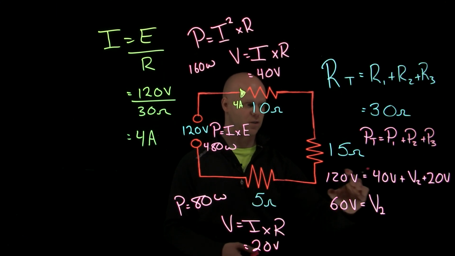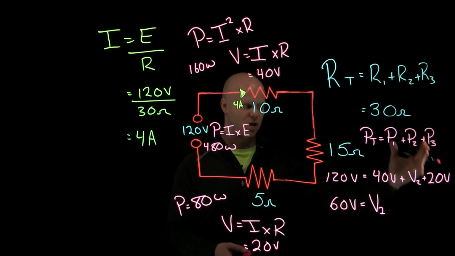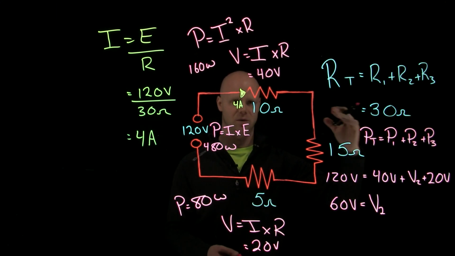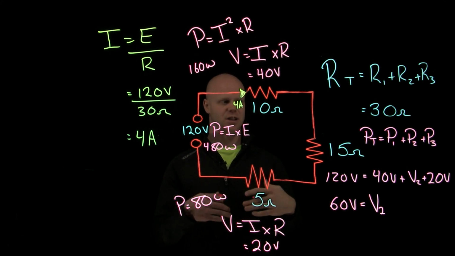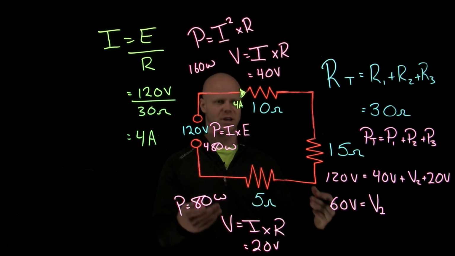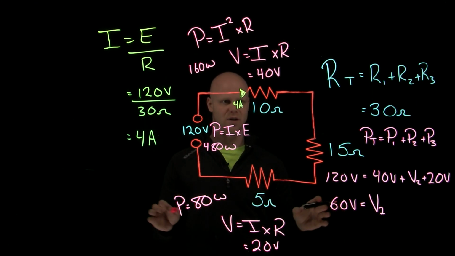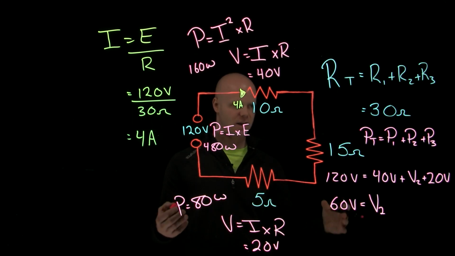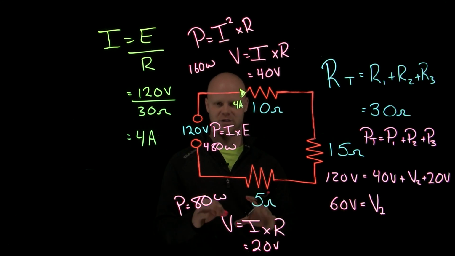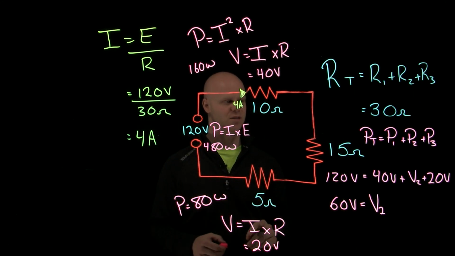Very similar to Kirchhoff's voltage law. What was Kirchhoff's voltage law about? The conservation of energy. What is power about? The conservation of energy. The energy that is put into the circuit has to be coming out of the circuit. And it doesn't matter, even if we took the losses of all of this, it has to be true. You can't create energy, you can't destroy it. It all has to exist within some component of this circuit.